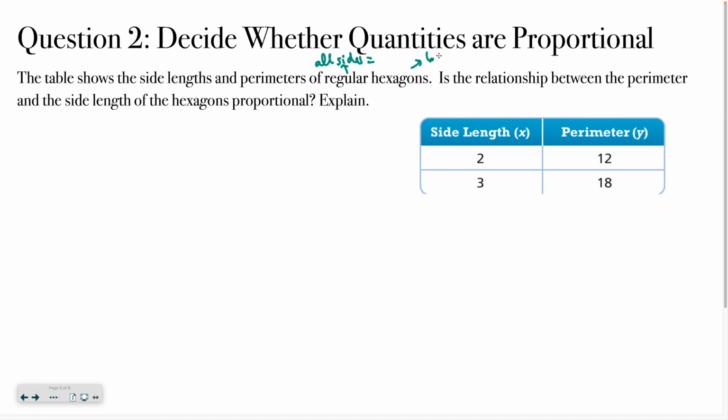Is the relationship between the perimeter, the distance around the outside, and the side length of the hexagons proportional? Explain. So you have these 2 quantities right here. Go ahead and set up some fractions and determine, are these proportional? Good luck.